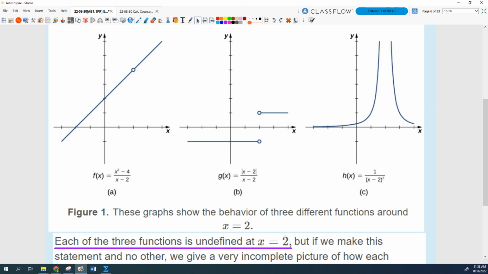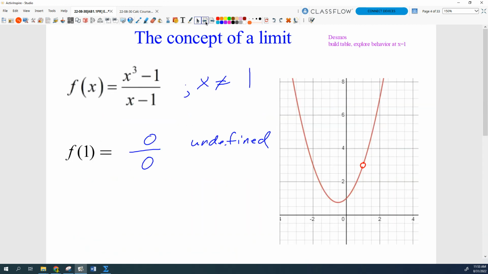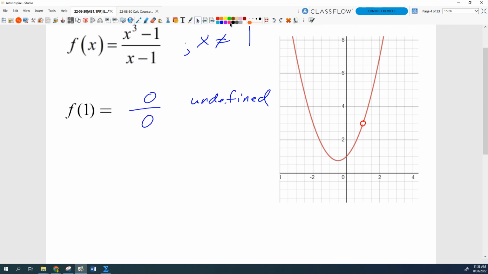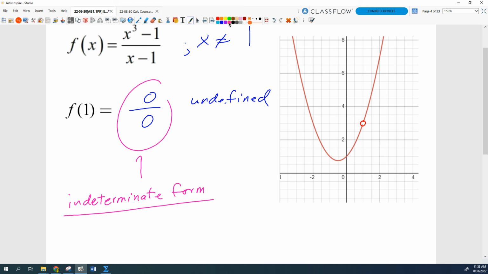If I go back a second to this previous slide where we got 0 over 0, that's what we call an indeterminate form in calculus. And what that means is when you're trying to calculate a limit, that always means more work.